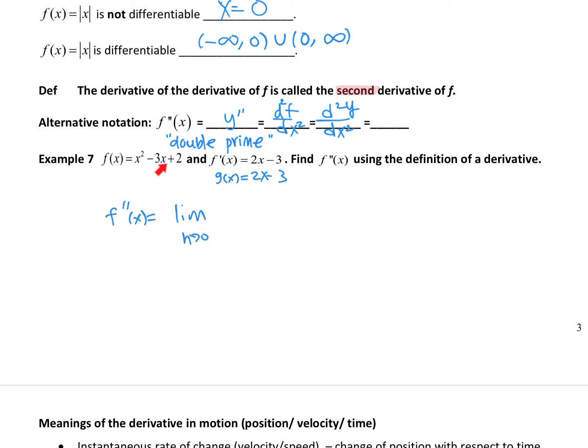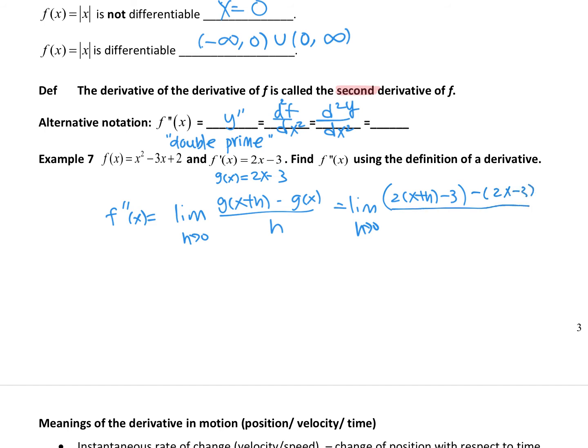So again, I'm not taking the derivative of the original function. I'm now taking the derivative of the derivative. So g of x plus h minus g of x over h. So that's going to be the limit as h goes to 0. I'm plugging in x plus h here. So that's 2(x plus h) minus 3 minus (2x minus 3) over h.